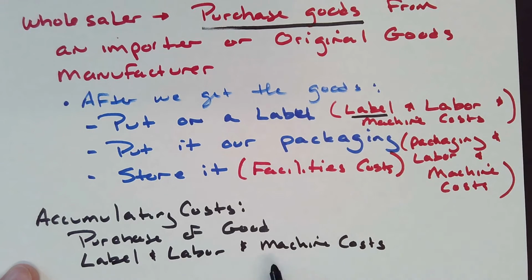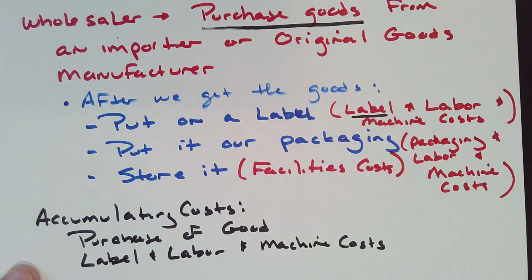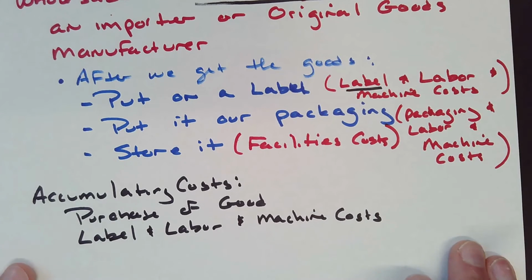Right? We're going to have to figure out how much of machine costs should go into that label. Don't know yet, right? But we can at least make an argument that the label and labor, and maybe some of the machine costs should absolutely go into the accumulated cost of the inventory. How about the packaging?